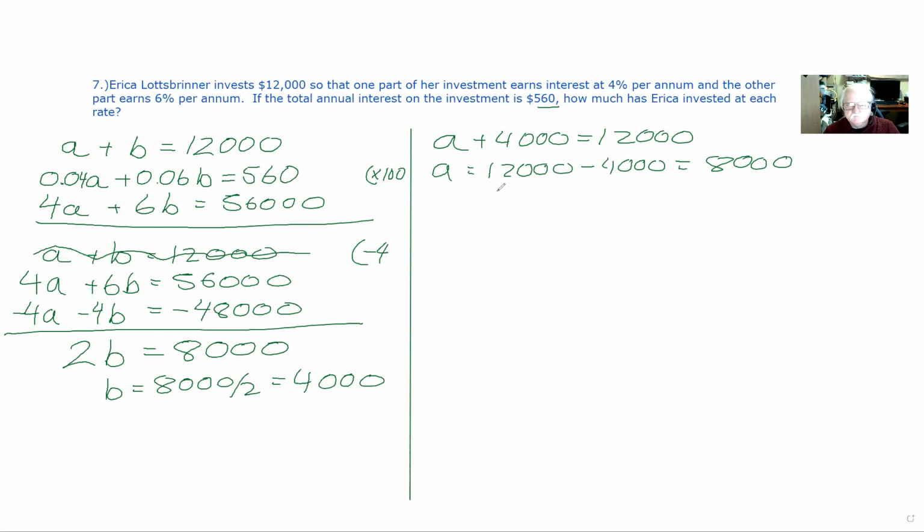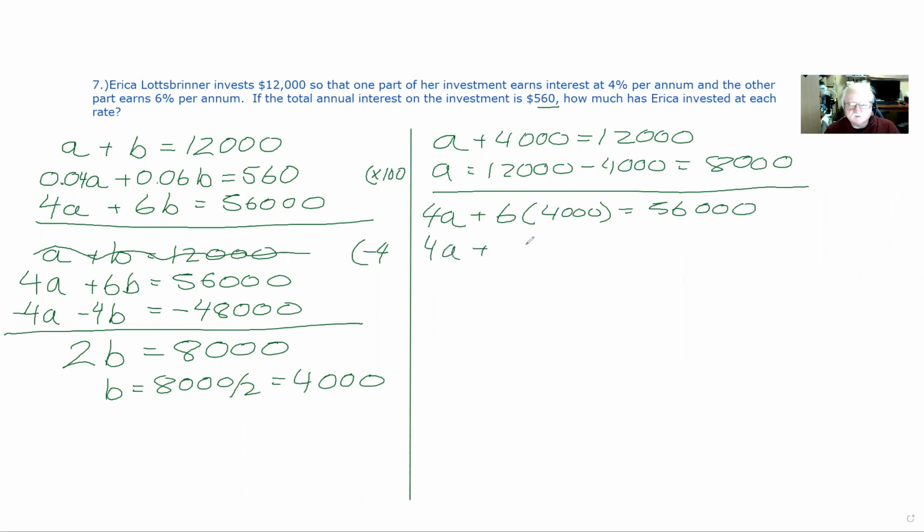And the second equation, 4A plus 6 times 4,000 equals 56,000.